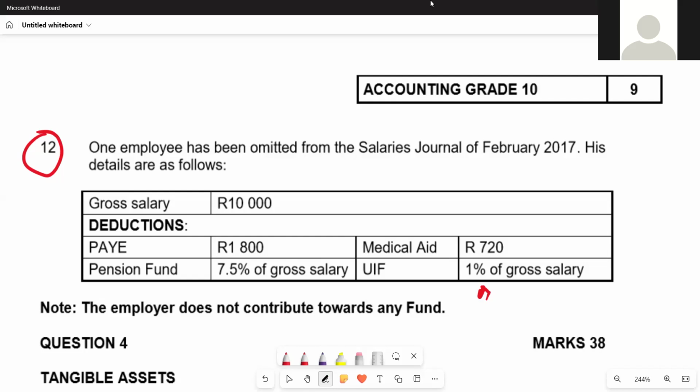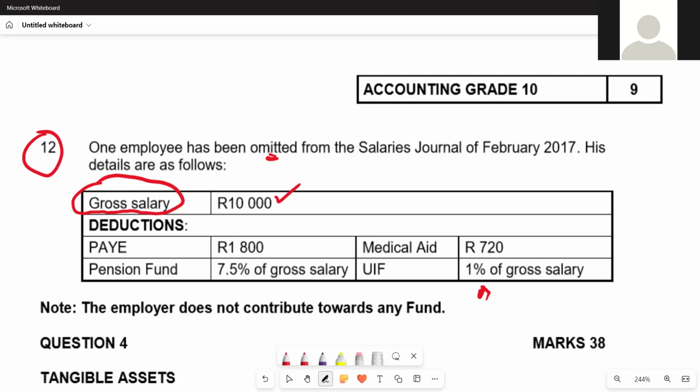So coming to information number 12, we are given the information of the salary that was omitted. So we are going to add this salary that was omitted, and we take the gross amount, which is the gross salary, which is 10,000.